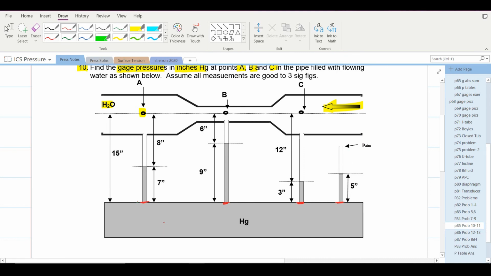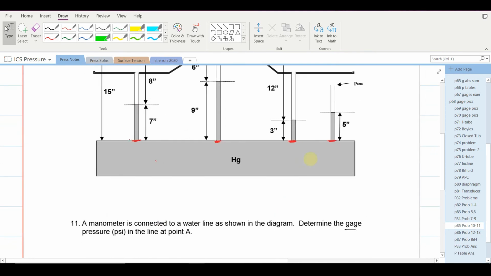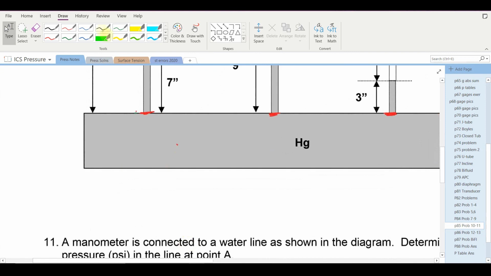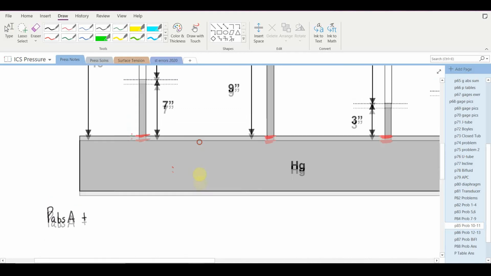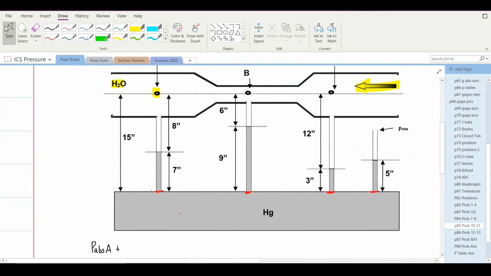Okay, so the total pressure at A, I'll write this down here if I can. P absolute at A plus, I'm going to add up the pressures to this point, this red line. What are they? It's the total pressure at A plus 8 inches of water plus 7 inches of mercury, right?